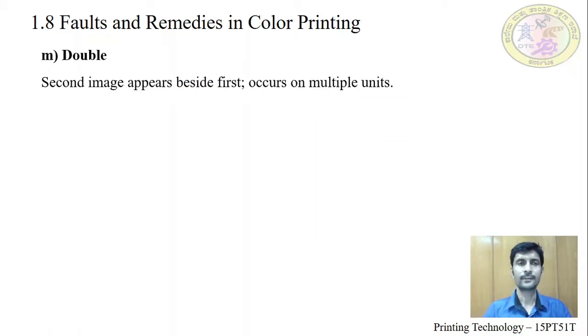Next we have doubling. The second image appears beside the first. It occurs on multiple units not properly overlapping one over the other.